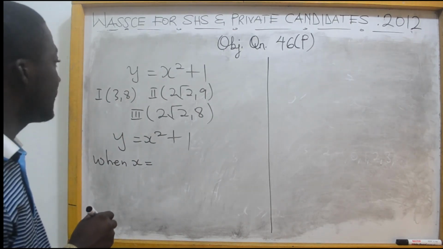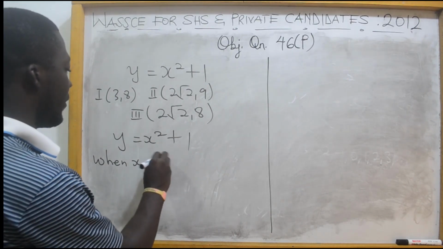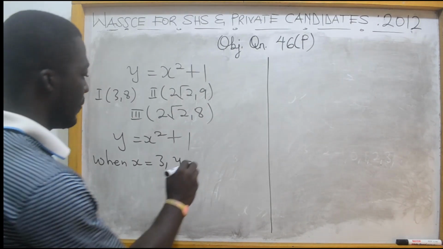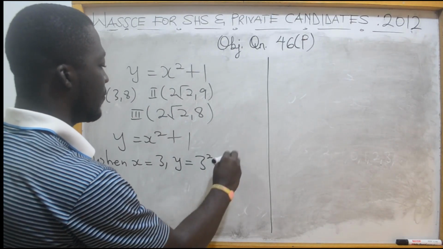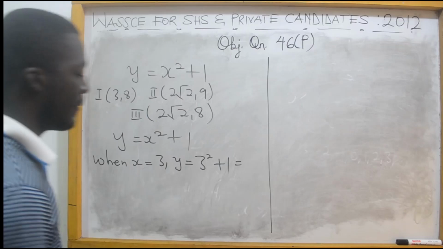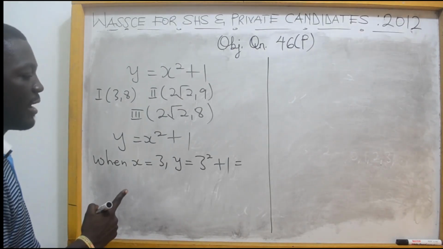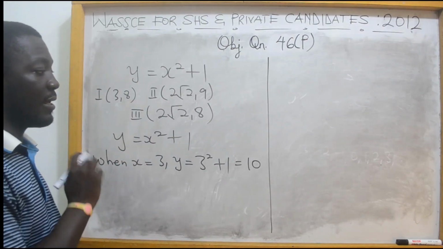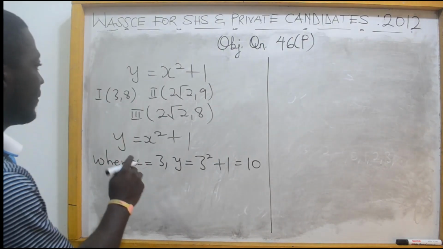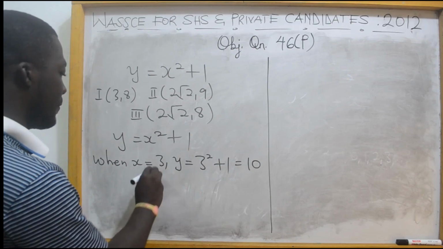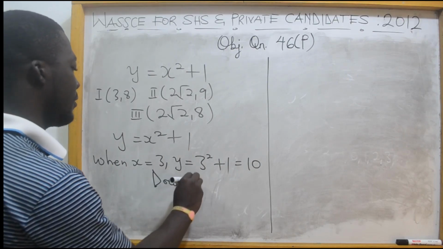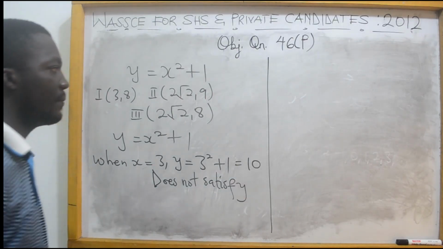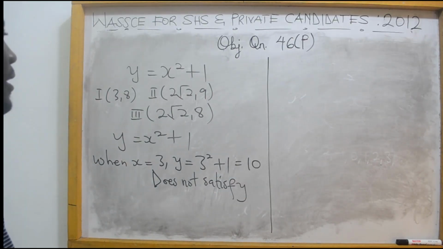So when x is equal to 3, y will be equal to 3 squared plus 1, which is 9 plus 1, which is 10, but the value here is 8. So we say that this coordinate 3, 8 does not satisfy the equation.